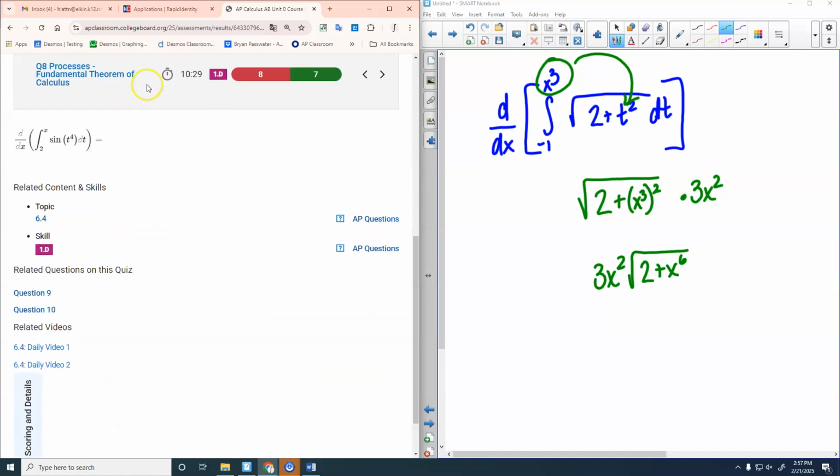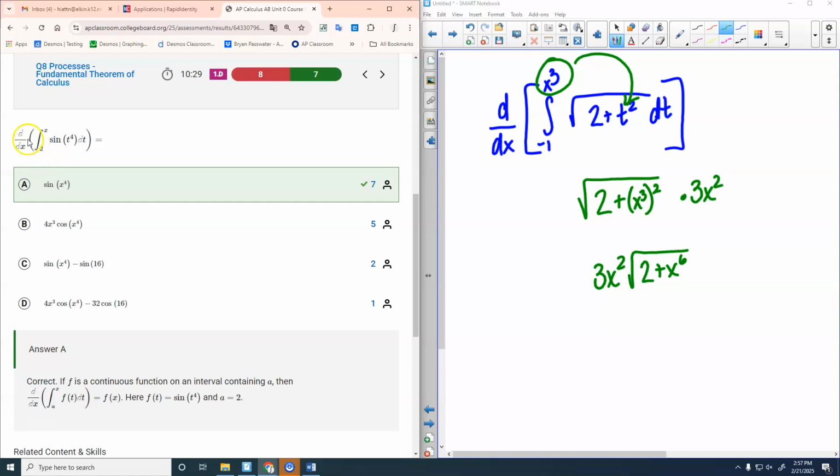But if I'm taking the derivative of an integral, what's the only thing I have to do? Plug the top in, multiply by the derivative of the top. In this particular case, you are just replacing your t with an x, and the derivative of x is just 1, so it doesn't change anything right there.